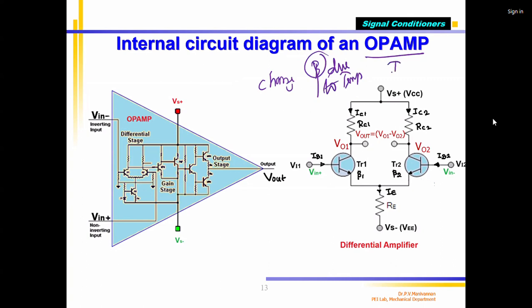Because of that, my IC also varies, even though my IB is constant. Input current is constant, but it varies due to temperature. To solve this problem, they call it the temperature drift, I told you, correct? Temperature drift in a transistor amplifier is a major drawback. To avoid that, Fairchild invented the op-amp.